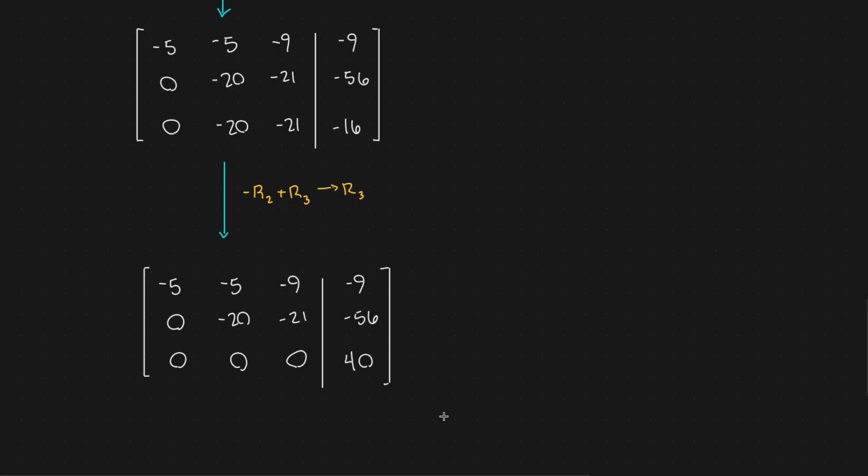Okay. So we've reached an important milestone. This matrix is now in row echelon form. And we could tell a lot about what the solution is going to be once we get to row echelon form.